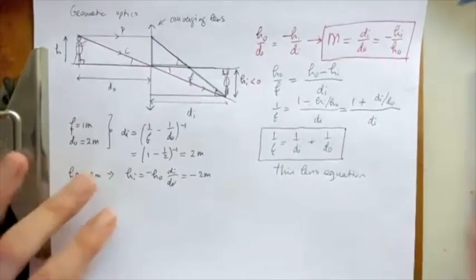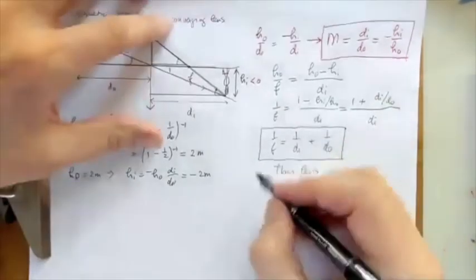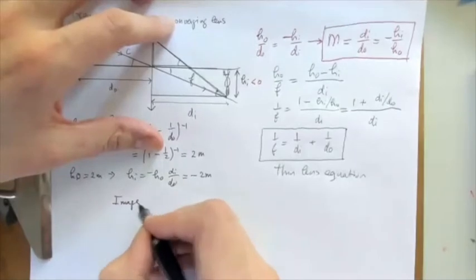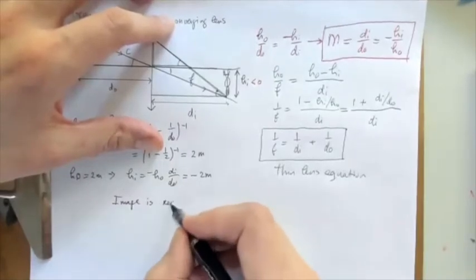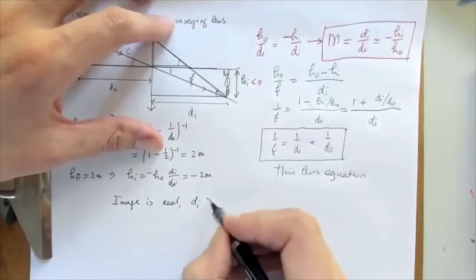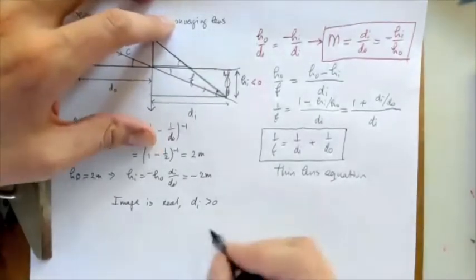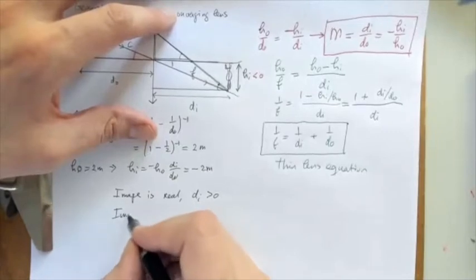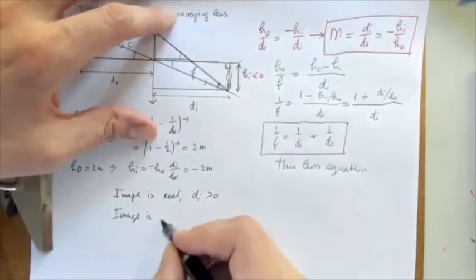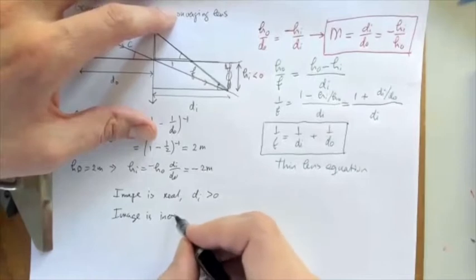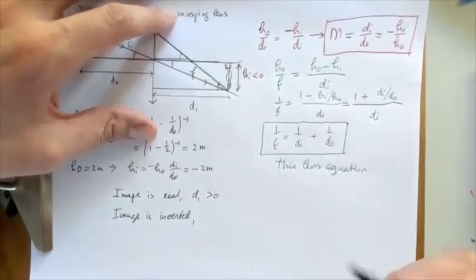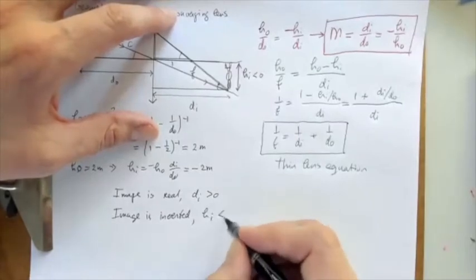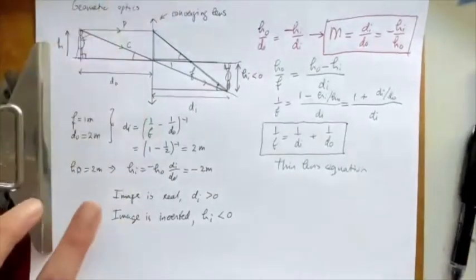Okay. Now, the terminology. So the image is real because di is greater than 0, and the image is inverted because hi is less than 0.